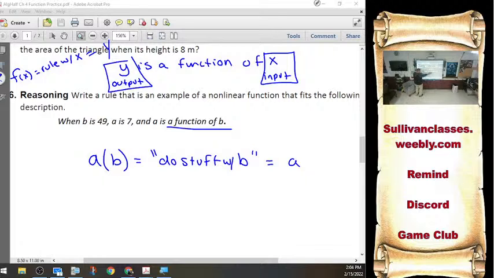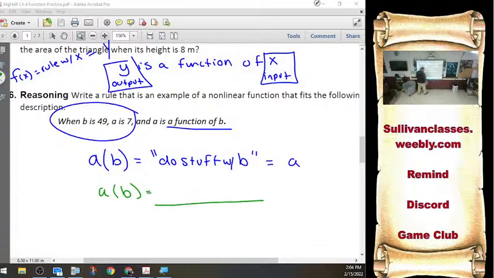Words mean stuff. All right. I need to make this work. When B is 49, A is 7. So I need to make a rule, A of B, such that, here's my rule, and when I plug in B, B is 49, it'll spit out a 7.